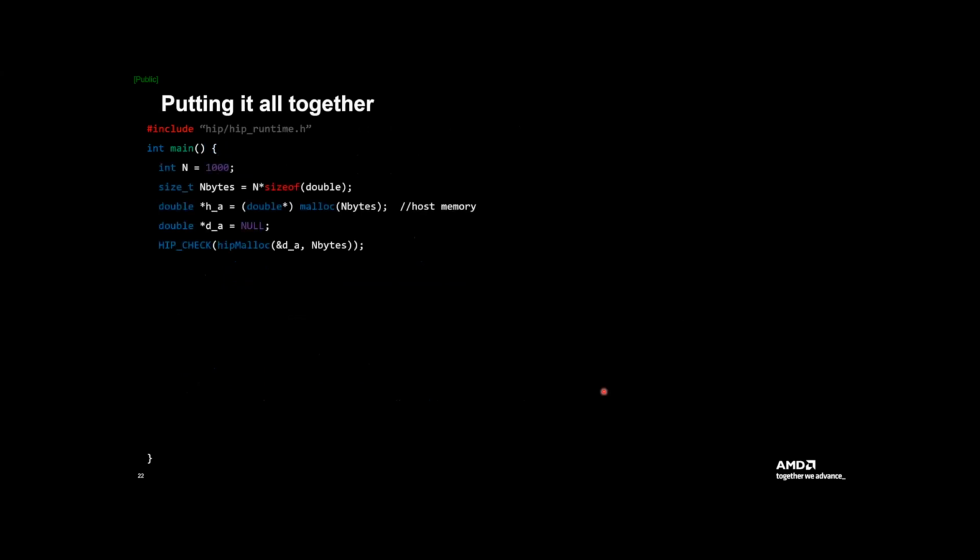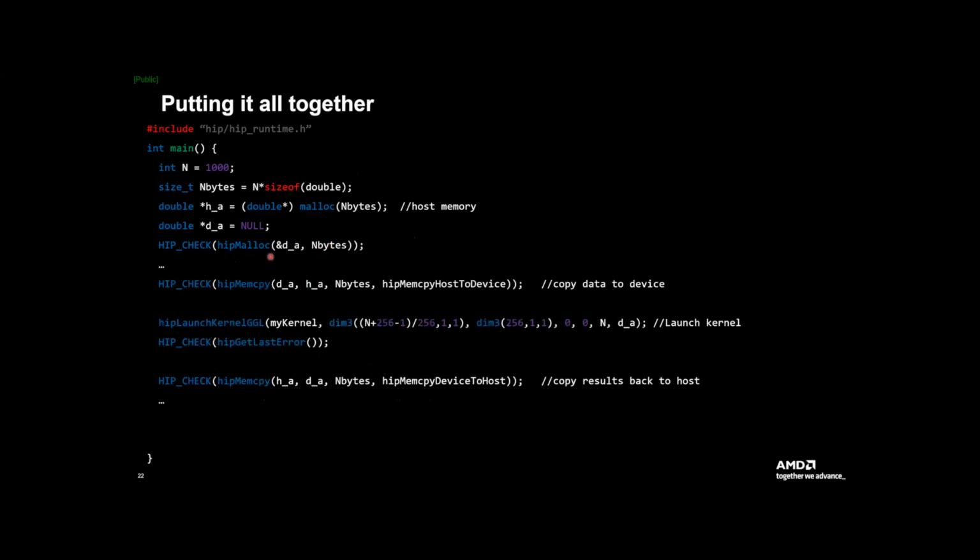Let's put it together. So we do malloc, okay, and we do hipCheck of the hipMalloc. So check if the hipMalloc failed, right? Because maybe you define that you don't have enough memory on the GPU, for example, one maybe classic reason. Then hipCheck the hipMemcpy to the device.